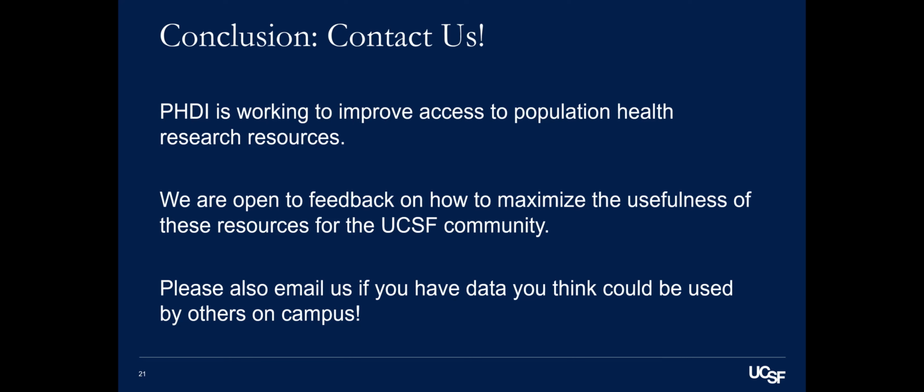Is there money to help pay for that extra campus-wide license? And our answer has universally been, yes, we can do that. So if you're looking at a data set and you think there might be a site license option, please reach out to us, because we have some funds to put some of these data sets into a campus license, which then makes it useful for everybody.